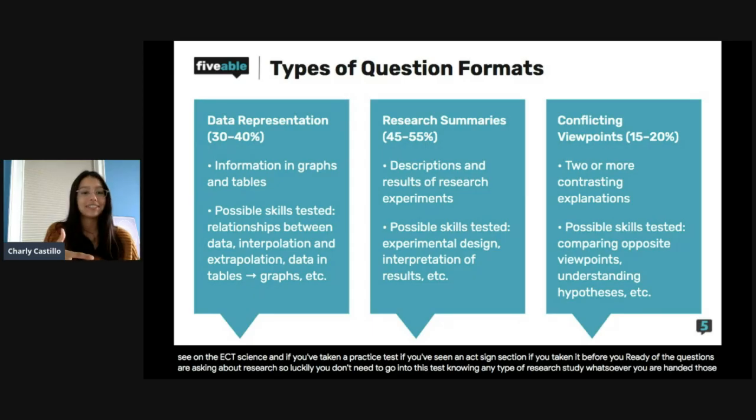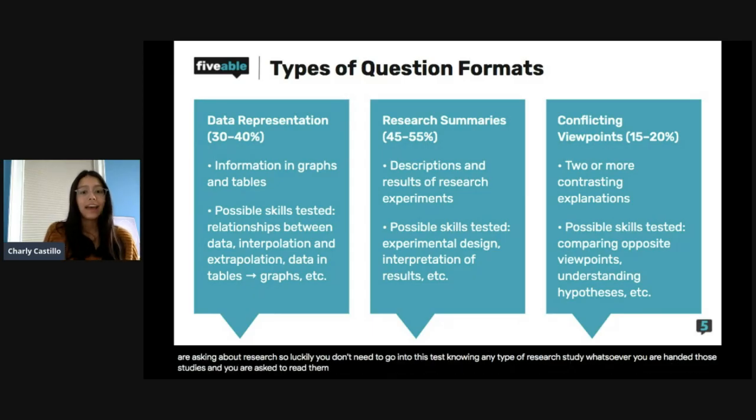You are handed those studies and you are asked to read them. And basically, these are just asking about your comprehension of the research experiment. So again, you don't need to know any actual content. You won't need to know about some random experiment that was done in the 1870s, but you'll need to have a pretty good understanding of how to understand given research experiments.